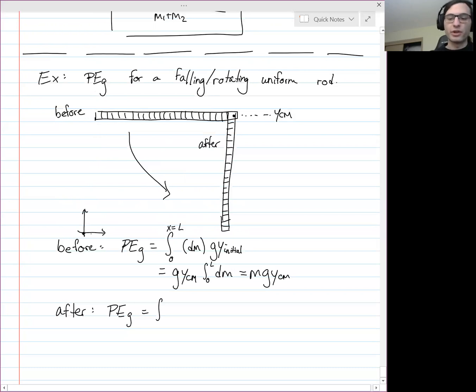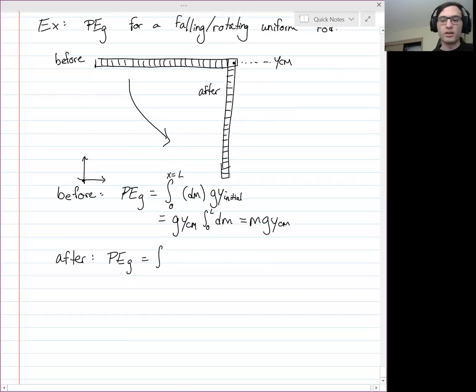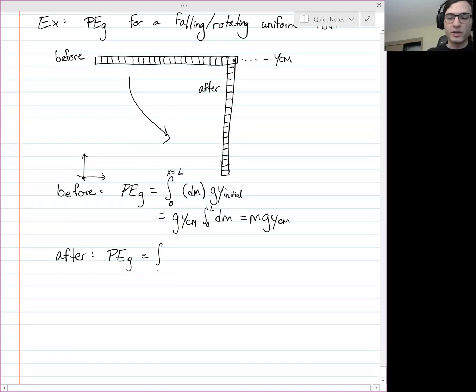We integrated from 0 to L before because the position of each block was going from 0 to x equals L, and the height was at y cm. So now we need to integrate up this rod. The integral that we do here is from 0 to L, the length of the rod. In this case, this is y equals 0 to y equals L, because we're integrating upwards.